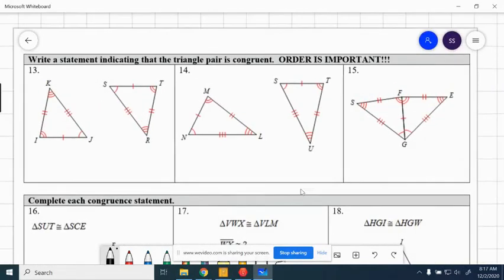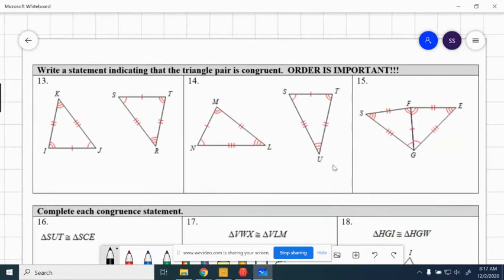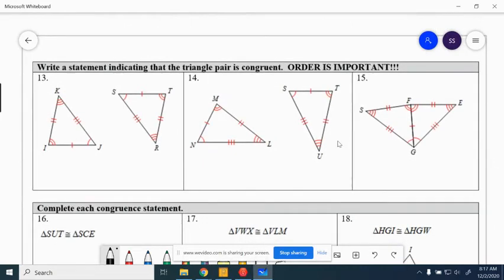Okay, so now we're basically doing the opposite for 13, 14, and 15. We are writing a statement of congruence, but we're going to follow the same way, just in reverse. So we have this single mark to 2 to the 3 arcs.